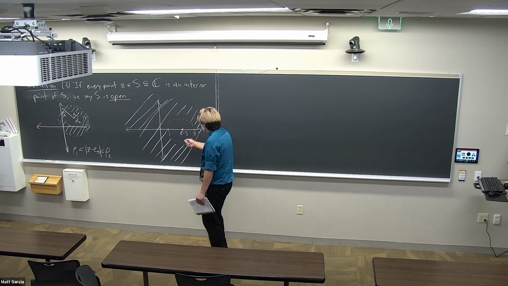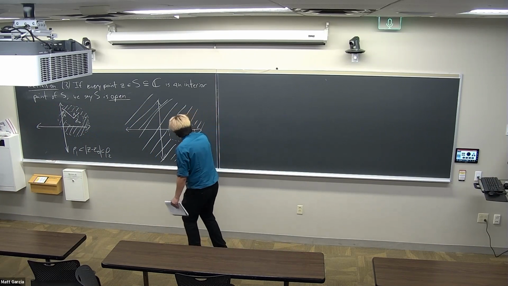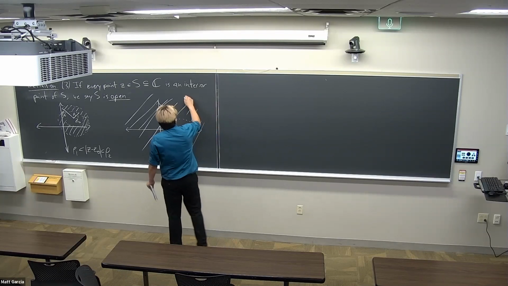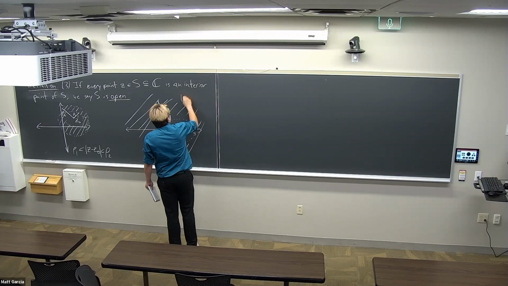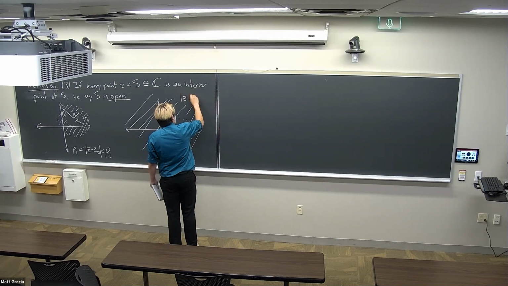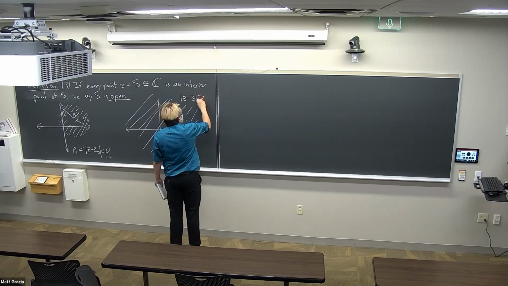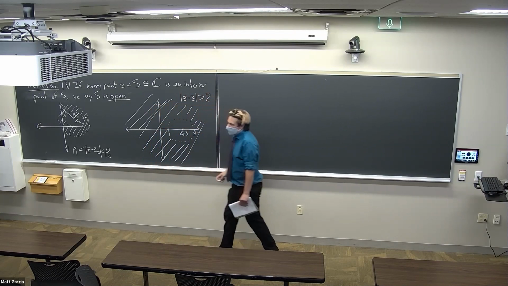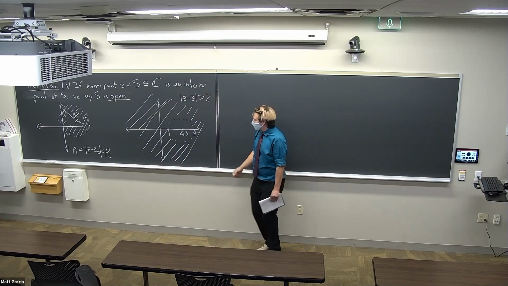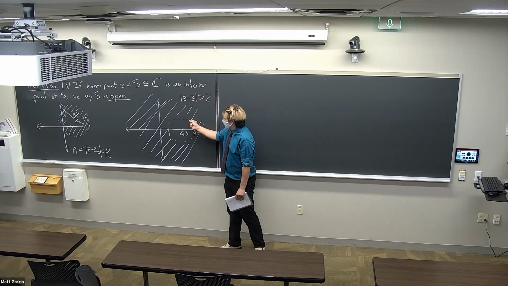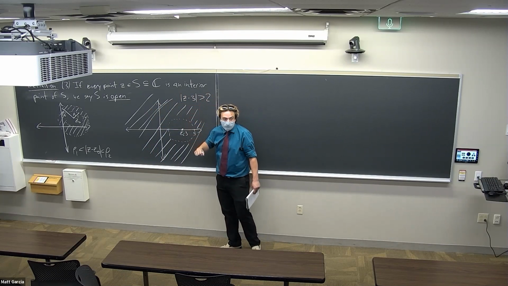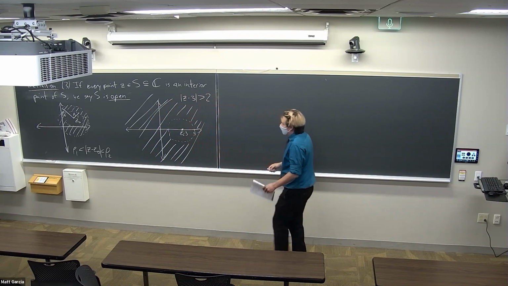And Z naught here is just 3, right? Yeah, okay. So the modulus of Z minus 3 is greater than 2, right? All the complex numbers which have distance away from 3 larger than 2. Okay.